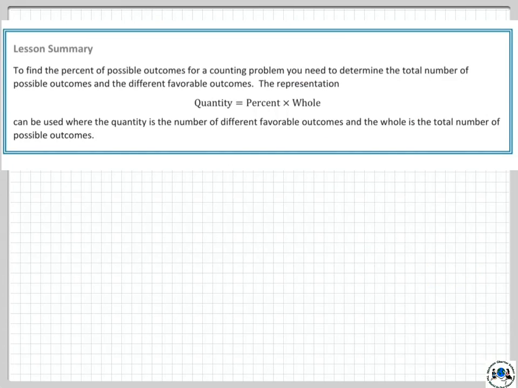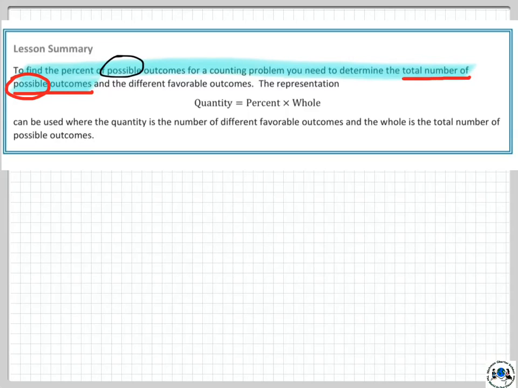Here we are, 29 minutes at the end. Lesson summary. So what we learned here, you might have known already, is how to find a percent of possible outcomes. Again, this lesson is a nice little segue into Module 5, which talks about statistics and probability.